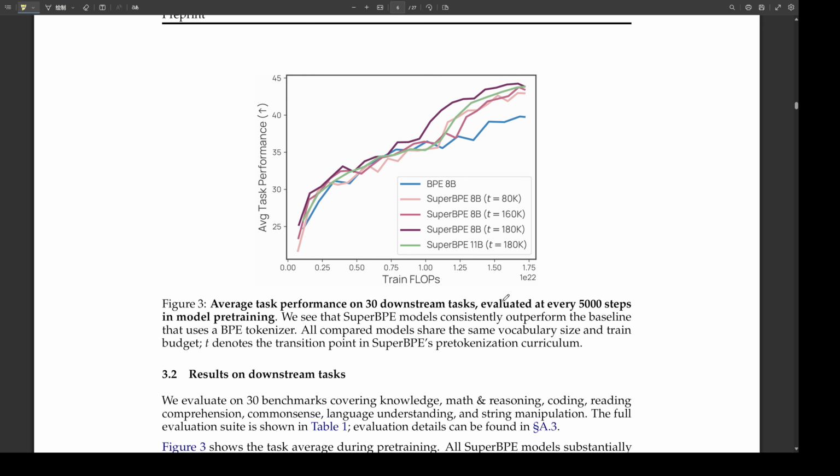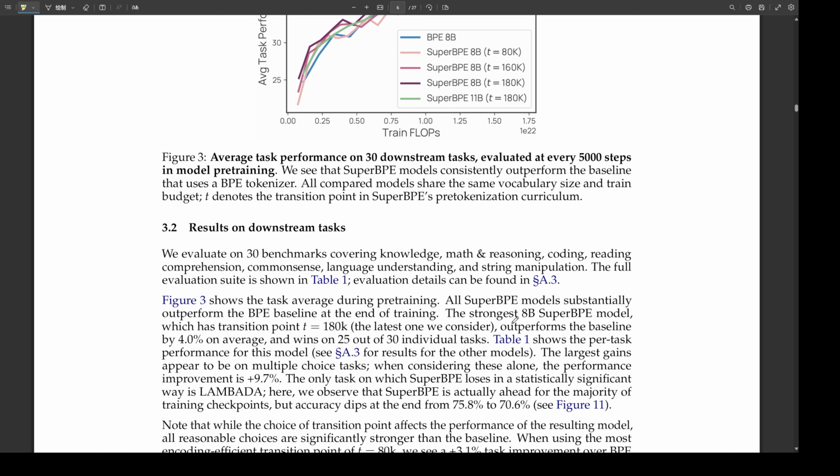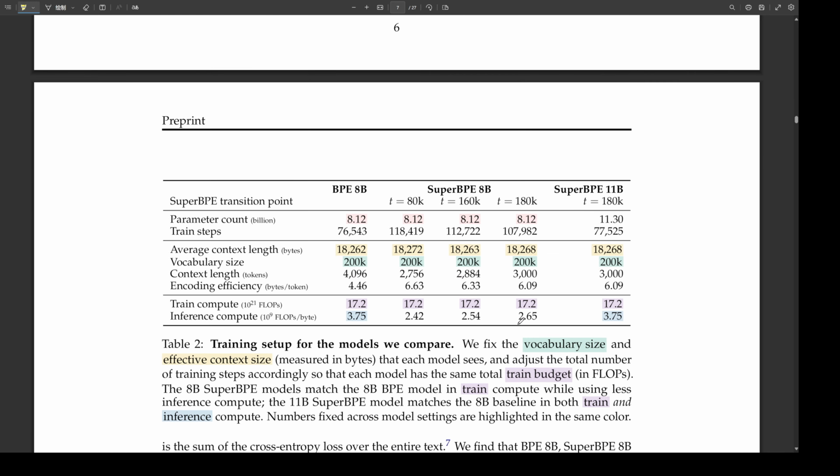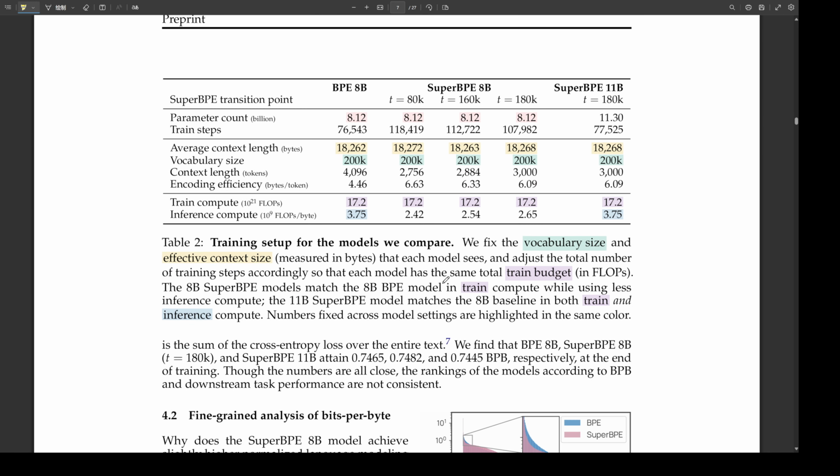So what does that actually mean for someone who works with large language models? What's the practical implication of that? Well, practically speaking, it means that SuperBPE can represent the same information with a smaller vocabulary, which can lead to faster processing and lower memory usage. And they actually visualize this in Figure 1 in their paper. Okay. It shows that as the vocabulary size increases for standard BPE, the encoding efficiency hits a limit.